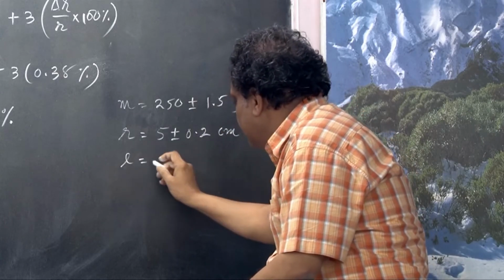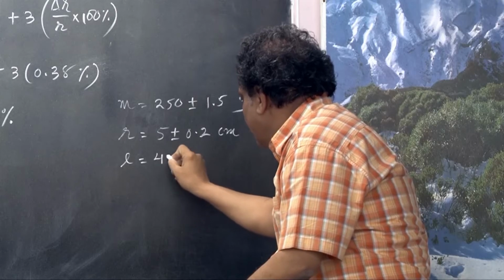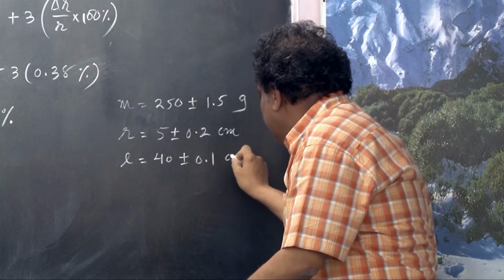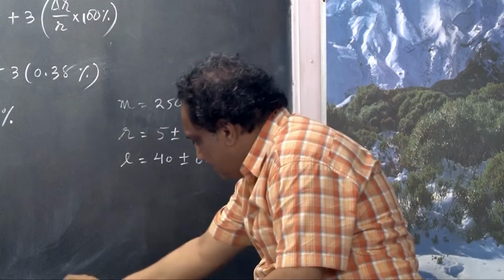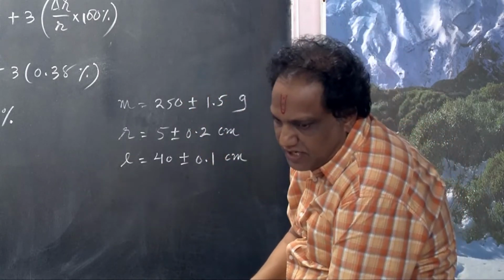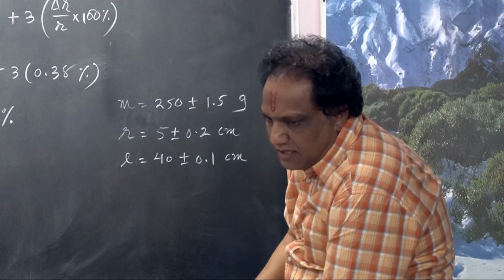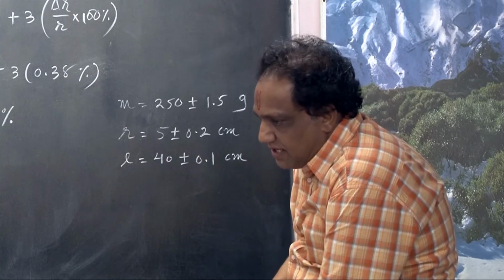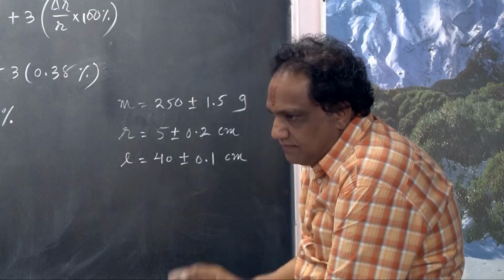For length you write down 14 plus or minus 0.1 centimeter. Find percentage error in the density of this cylinder.